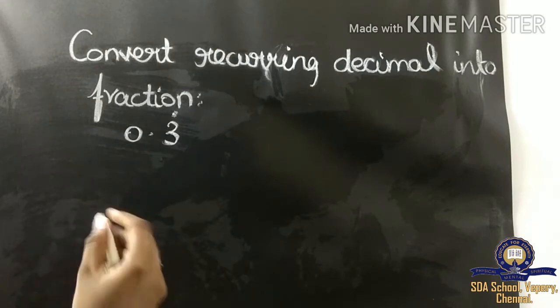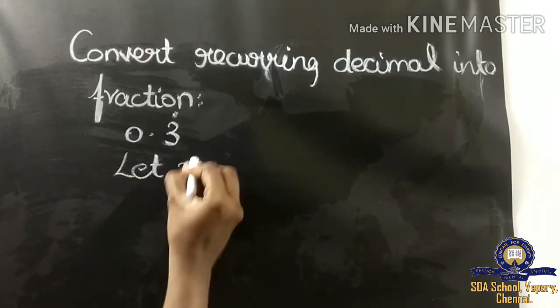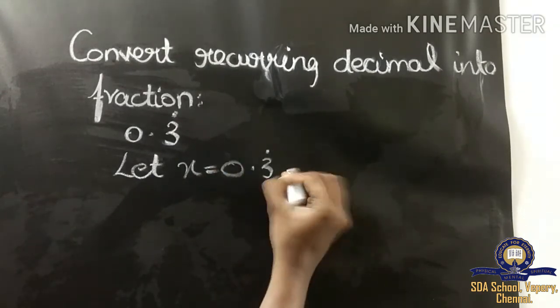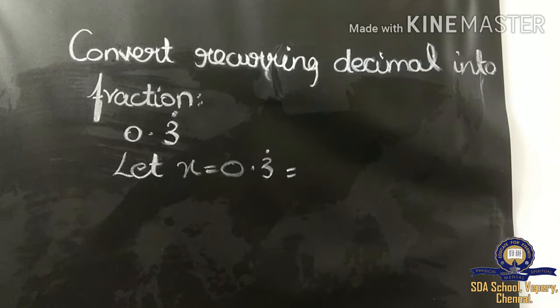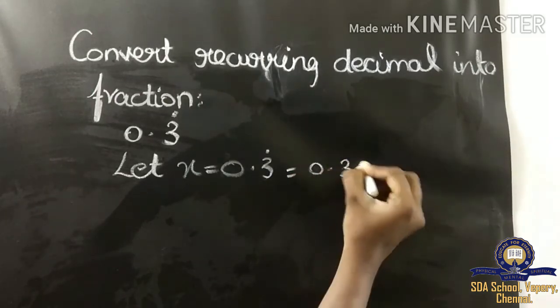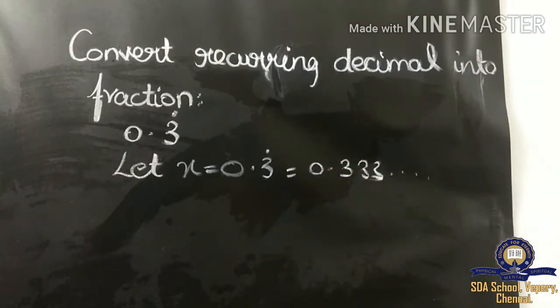Let's take this as x. Let x is equal to 0.3 dot. If a dot is placed over a digit, it indicates it's recurring. So we can write this as 0.333 and so on.